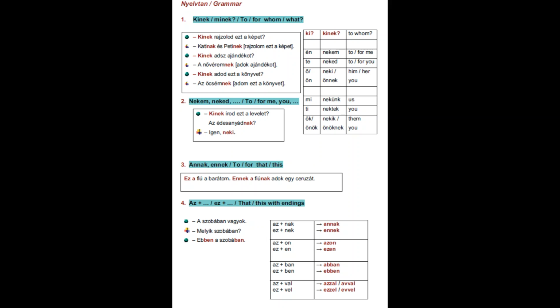So, kinek írod ezt a levelet? Who are you writing this letter for or to? Who is this letter for or to? Kinek írod ezt a levelet? Az édesanyádnak? All right, I'm kind of stressing it there, but listen to it one more time. Az édesanyádnak.